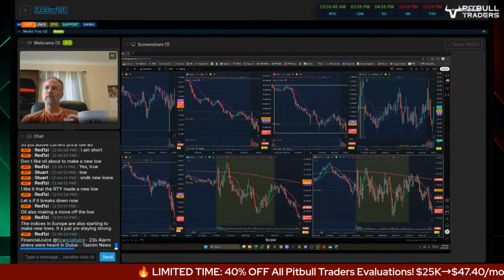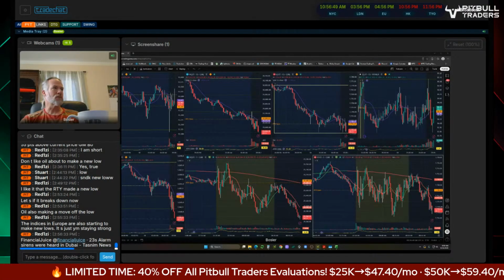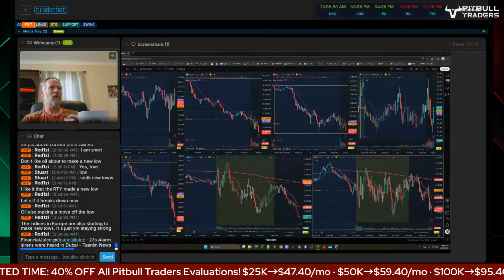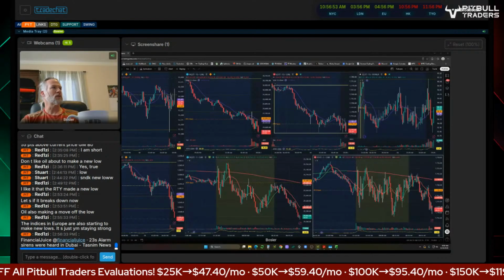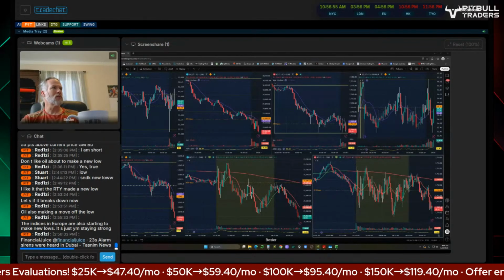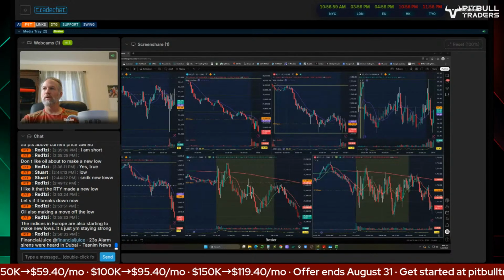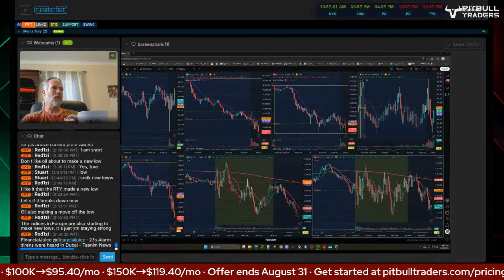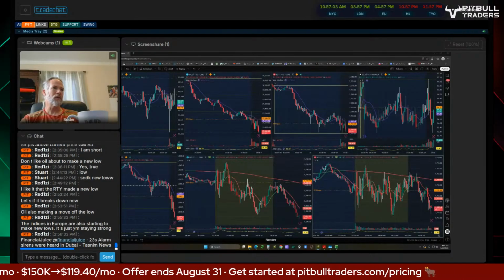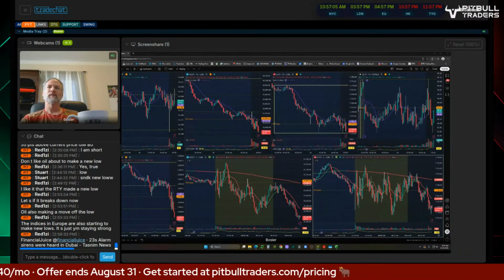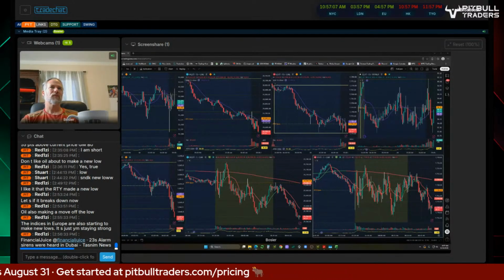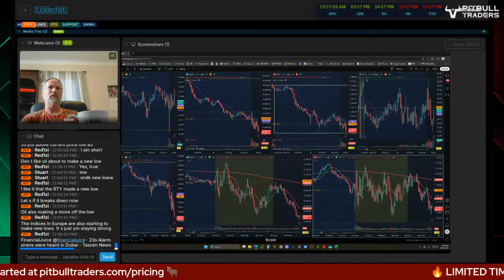But if it's also a range bound day and a rotational kind of trade, you could see YM start to break the open, and you could see them start to come in and buy the NQs and ES. You're seeing a little bit of rollover and selling in bonds.